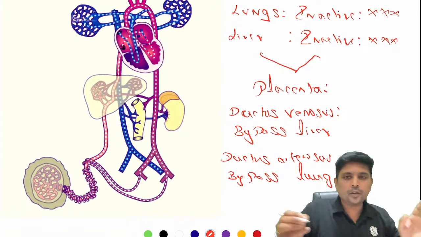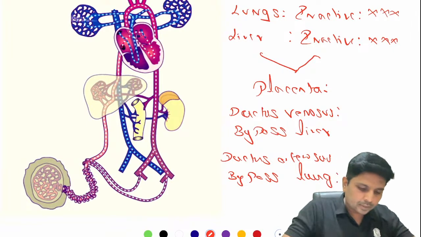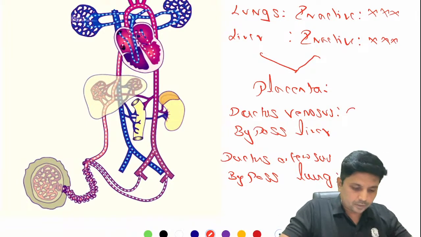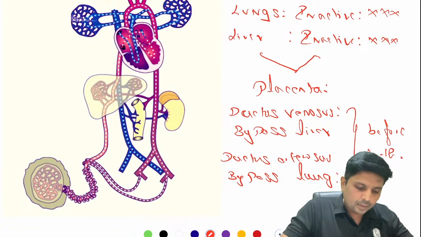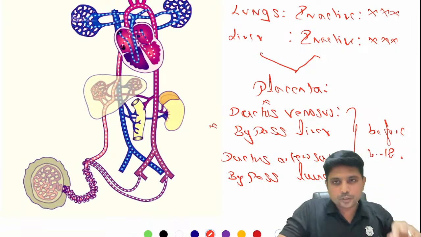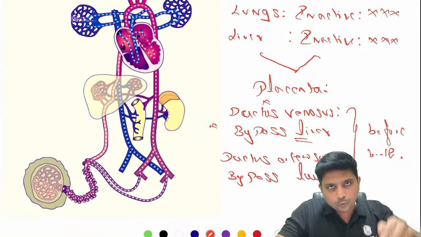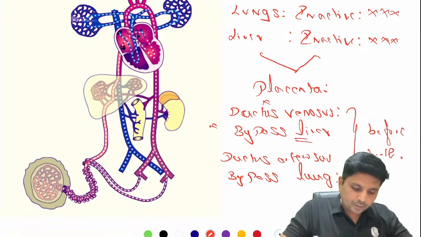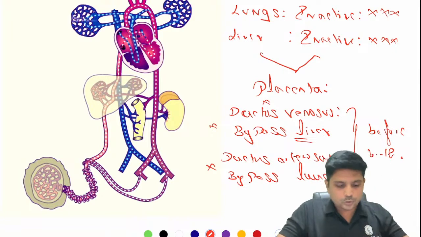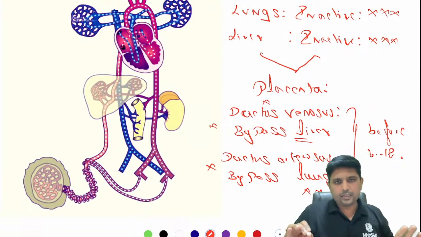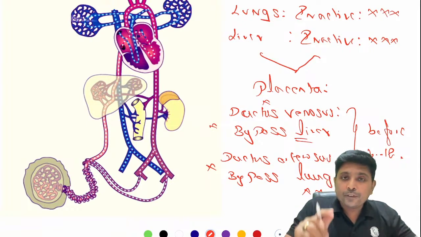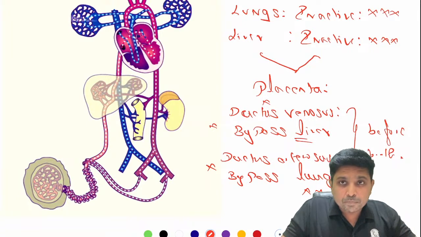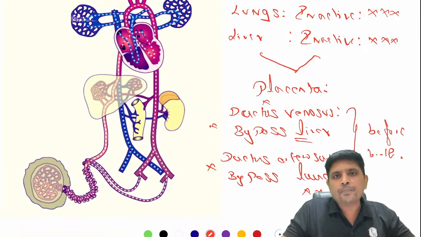This is the simple concept. After birth, the ductus venosus will close and blood will flow through the liver. After birth, the ductus arteriosus closes and blood will flow through the lungs. This is the basic simple concept. So fetal circulation should always begin in this manner in your answer.